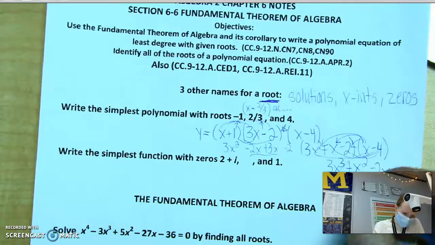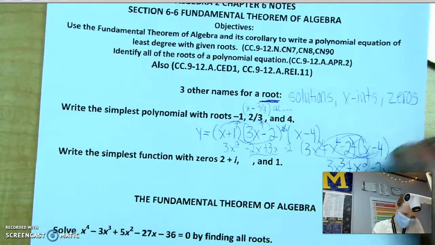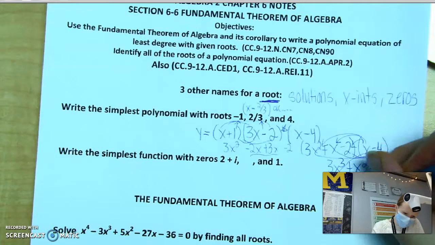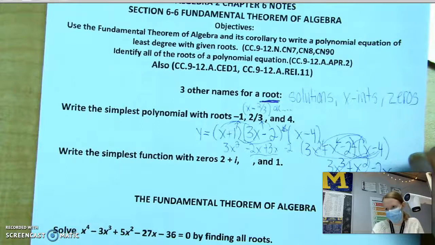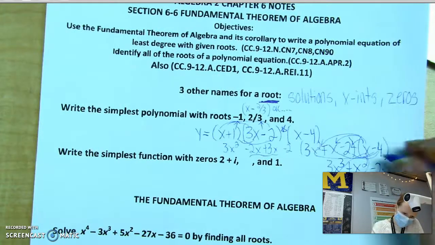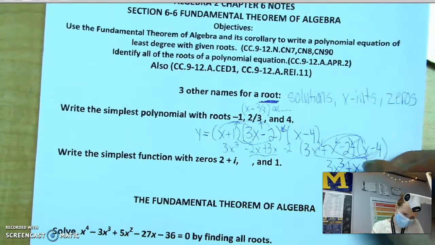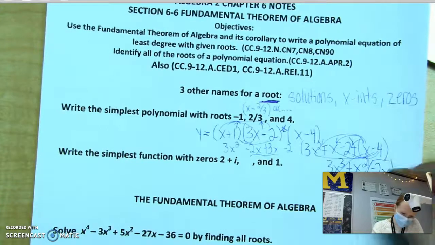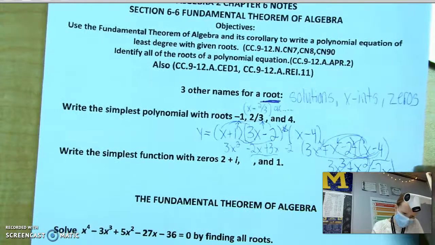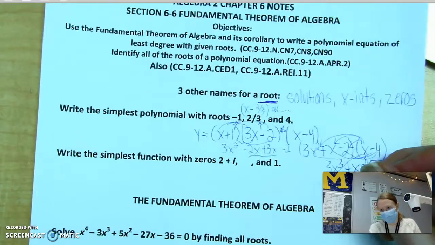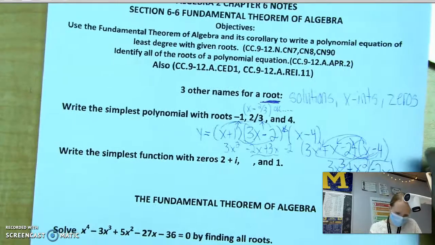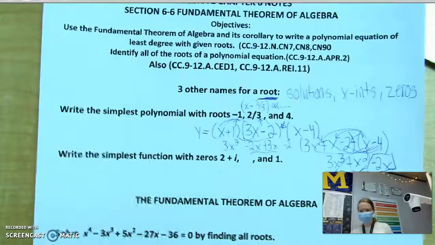And then we can combine like terms. So I get 3x cubed minus 11x squared. And then we have our x's, and it looks like minus 6x, and then a plus 8. This is my simplest polynomial with these roots, right?